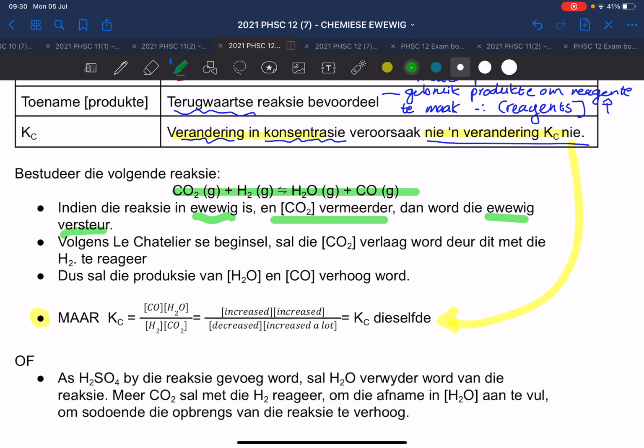Okay. So jy sê nie, die ewewig skuif links, the equilibrium shifts to the left because this is what happened, nie? We did this, what does it do to oppose that change? Hy ewewig skuif na regs. Okay, wat doen nou met teen te werk? So we sê, ons sê hierso volgens die Chatelier se beginsel, sal die konsentrasie van die koolstofdioksied verlaag, so we added more of that, hy gaan hom wil minder maak.